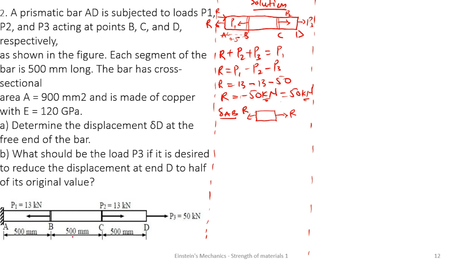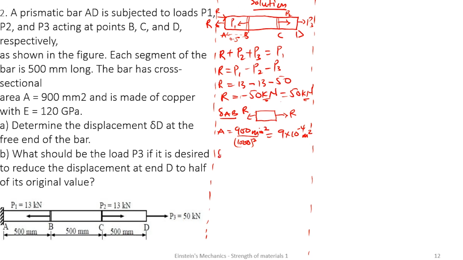Each of the segments length is 0.5. And I have the area to be constant. A is giving us 900 millimeter square. So 900 millimeter square, you're going to divide by 1000 square, which is going to give me 9 times 10 negative 4 meter square.